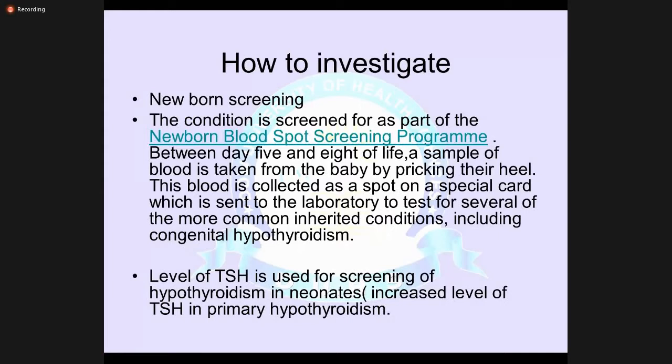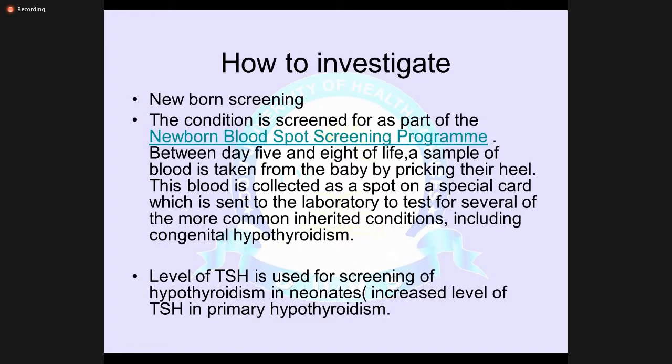That will give you the sample, and that will not damage the plantar fascia. So between day 5 and 8 of life, a sample of blood is taken from the baby by pricking their heel. This blood is collected as a spot on a special card, which is sent to the laboratory to test for several of the more common inherited conditions, including congenital hypothyroidism. For example, phenylketonuria can be diagnosed at an earlier stage of life.